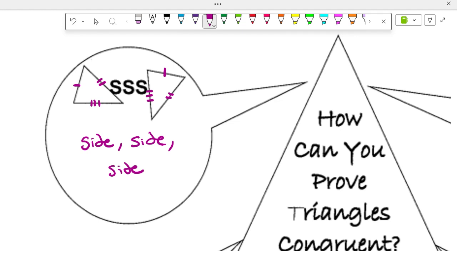And corresponding is just a fancy word for saying they're in the same spots. They just might be oriented differently. So like those two triangles, if you notice, 1 tick to 1 tick, 2 tick to 2 tick, 3 tick to 3 tick. All 3 sides have a matching partner on the other triangle. So if we have 3 sets of congruent sides, we can say that these triangles are congruent.